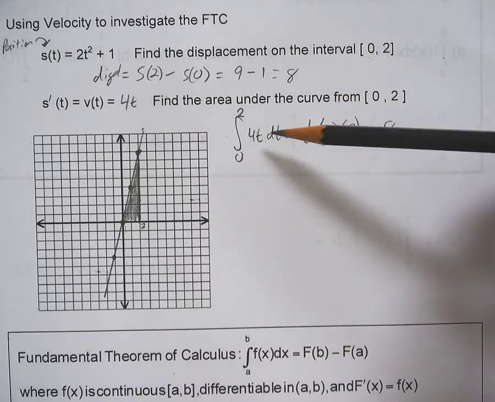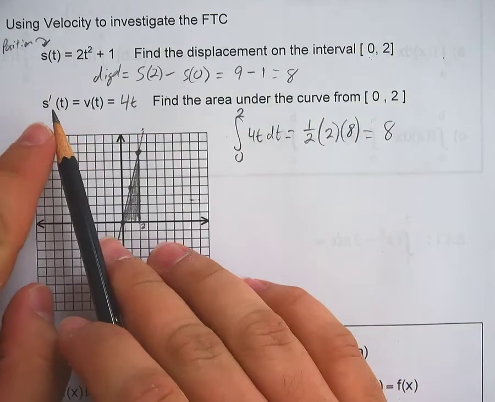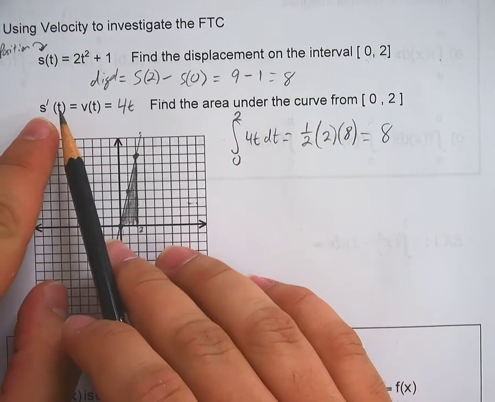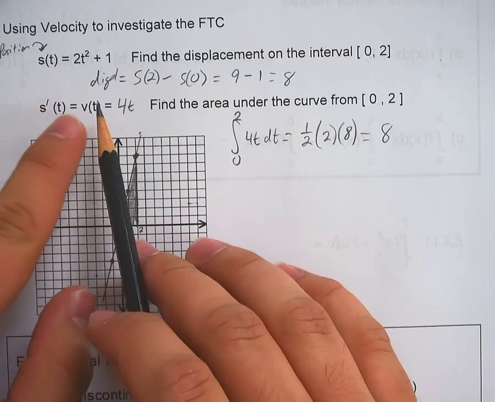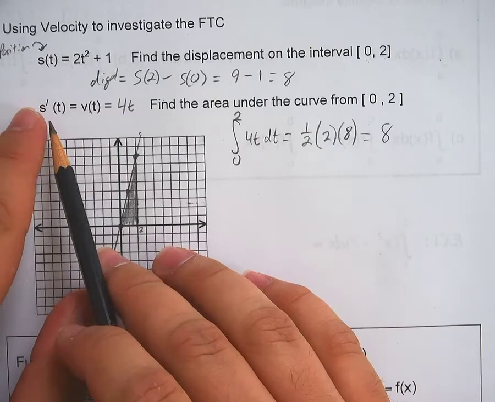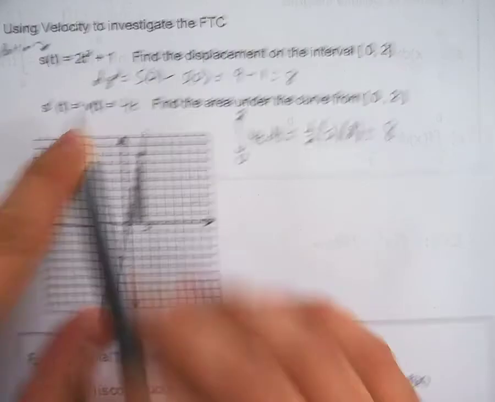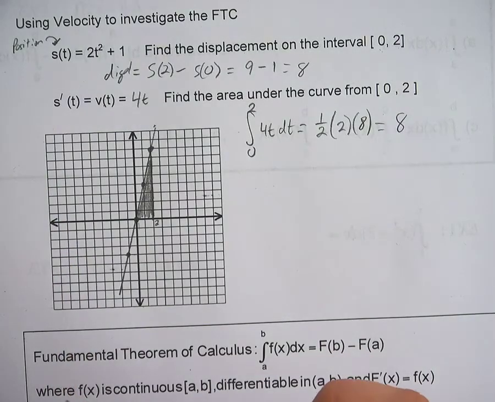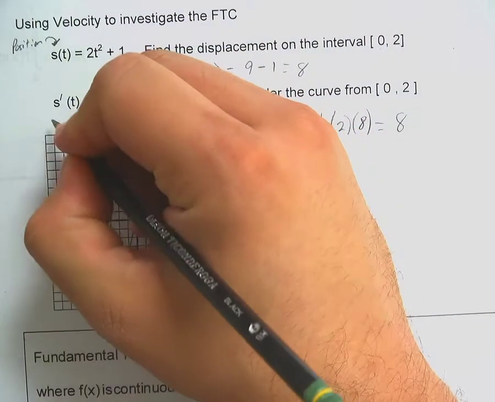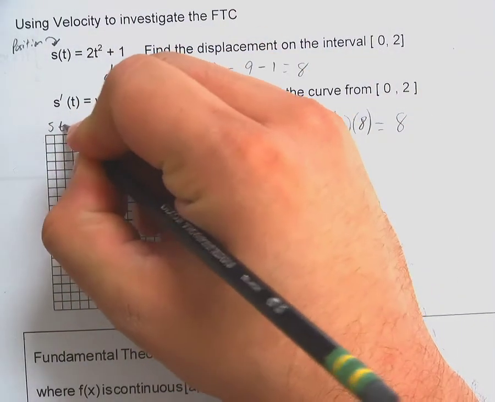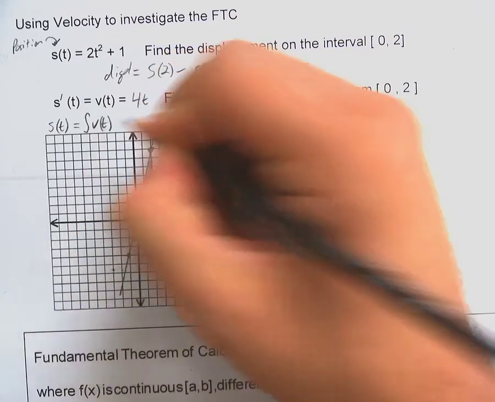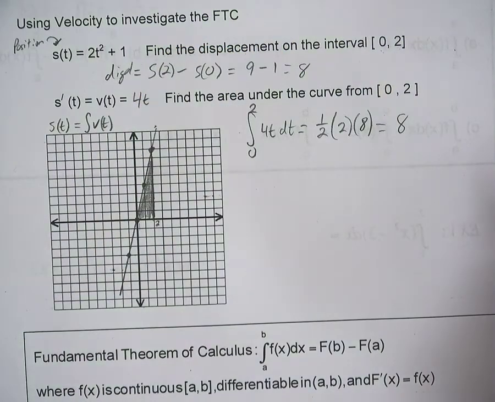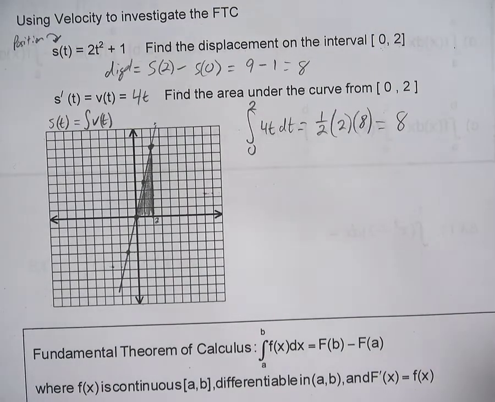What they're saying is, if velocity is the derivative of position, then position is the antiderivative of velocity, right? Let me write that down like this. S of t is going to be the integral of v of t. That kind of makes sense.